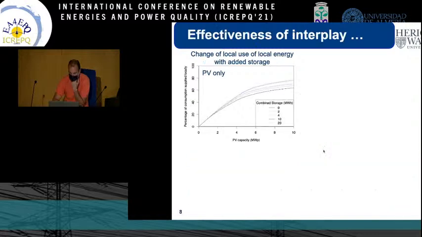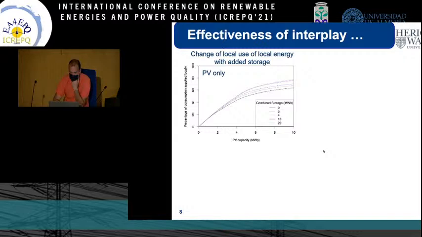If we now add storage to that PV only, we can push up the amount of utilized electricity at the higher installed capacity. So for small PV, we don't need storage. For intermediate PV, we get some benefit from storage. For large PV, we get clear benefit from storage, but again, that levels off.